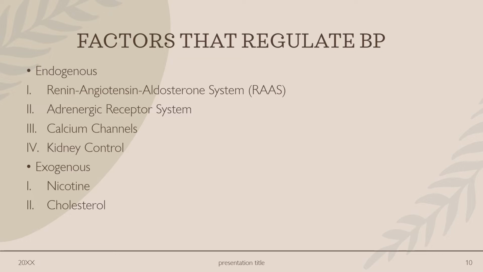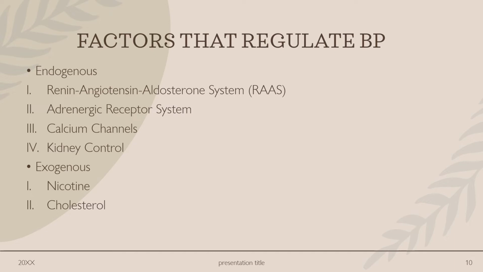In summary, the secretion of renin by the kidney leads to vasoconstriction, again a decrease in arterial radius, and water retention, an increase in blood volume. Both things lead to an increase in blood pressure.